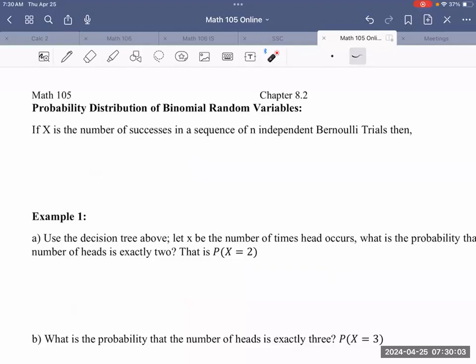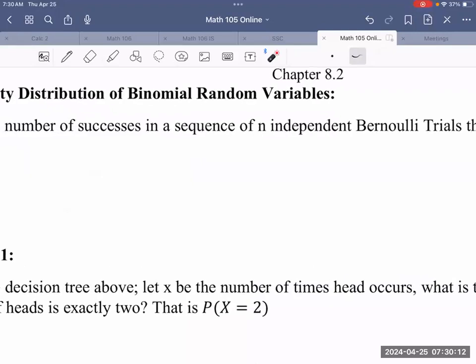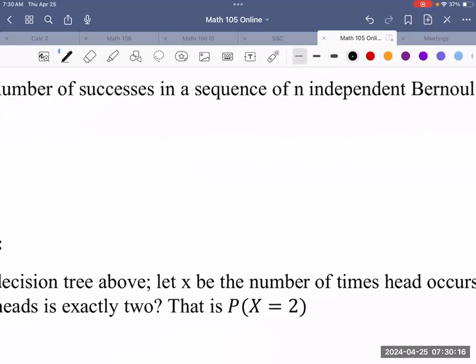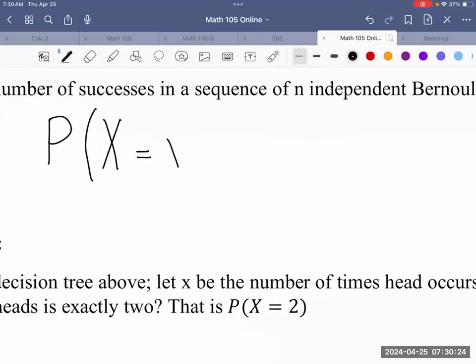So instead, we can do something like this, where we're talking about a sequence of independent trials to have this formula. So this formula says the probability that X is a randomly selected number, where this small x is the number of successes that we've just defined, is equal to nCr.